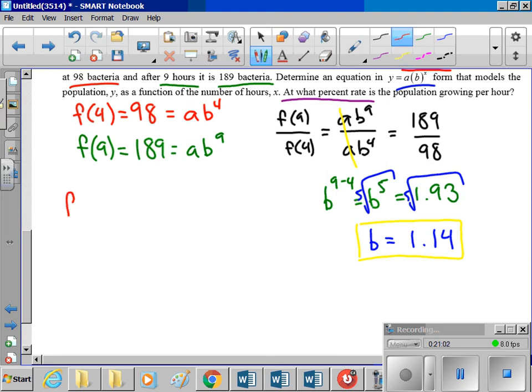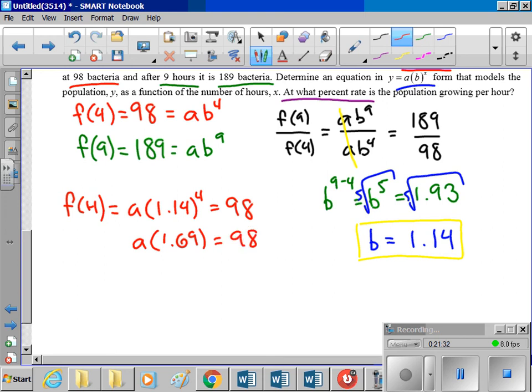So we got f of 4 equals a times b, well, b is 1.14 to the fourth, that's 98. All right, well, 1.14 to the fourth is 1.69. A times 1.69 equals 98.